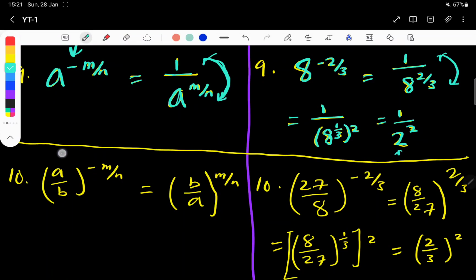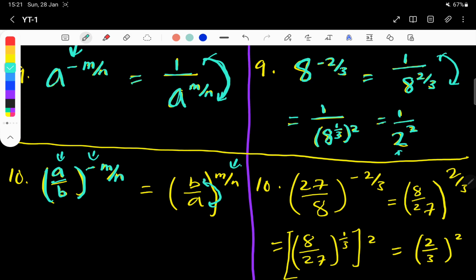How if you have the fractions with the power of negative fractions? So no need to worry. Whenever you see negative, what you need to do is upside down it, but the power will remain the same. For example, let's say you have a over b, close the bracket, power of negative m over n.